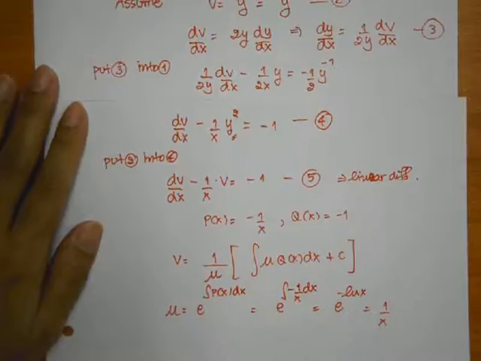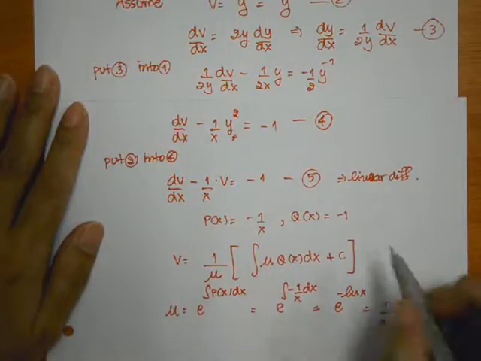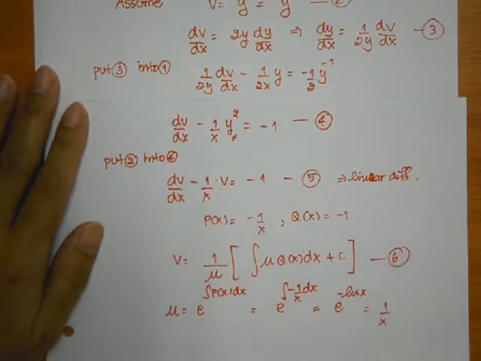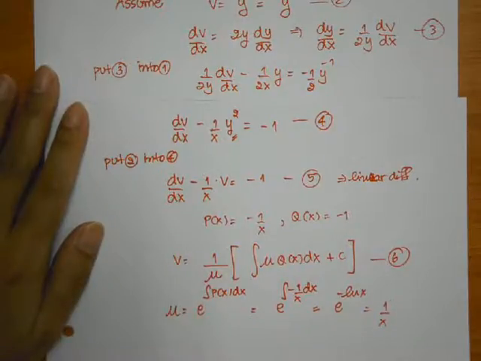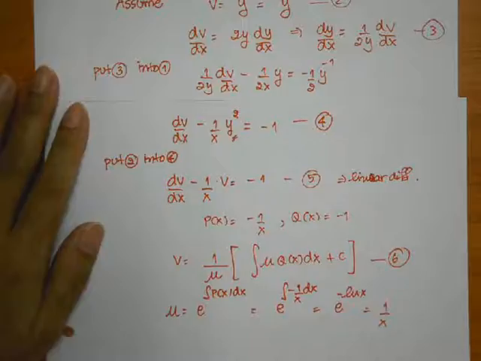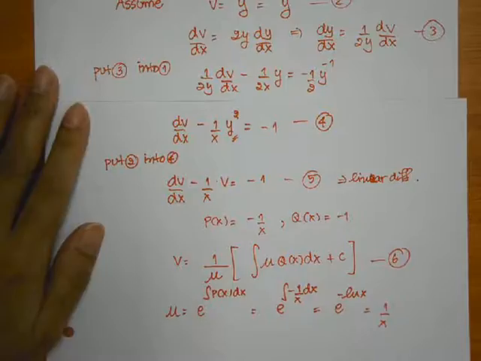And then you just plug mu, the integrating factor, and q(x) into equation 6. Then you should be able to find v. And after you get v, you plug equation 2 back in, in terms of y. That would be it for this problem.